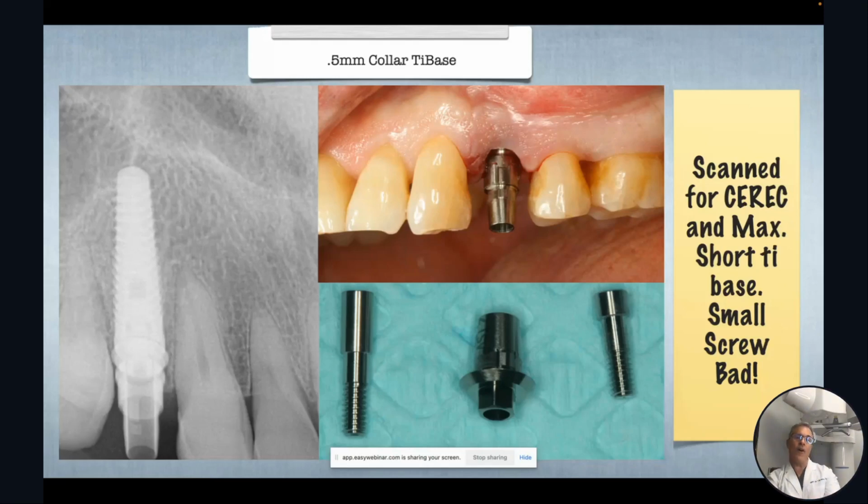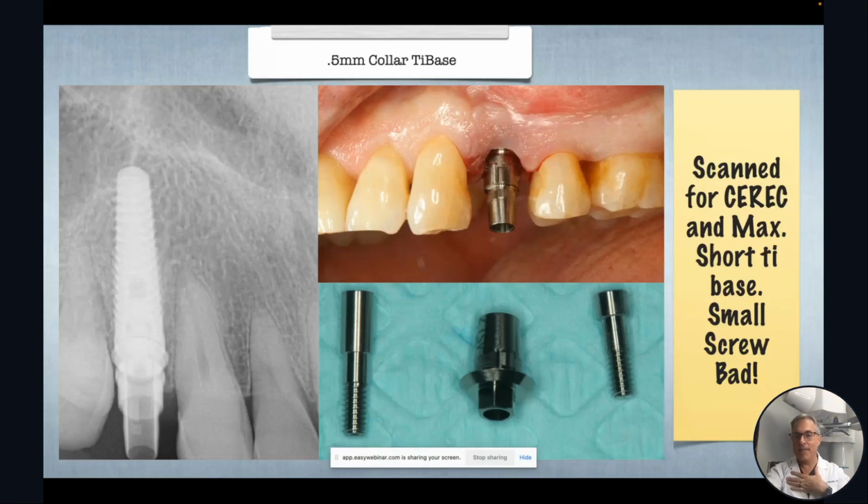Now you can see there on the bottom that we have a very short tie base, and that connection is going to be really close to the bone. In this case, this was a subcrestal implant. That connection is actually at the level of the bone.